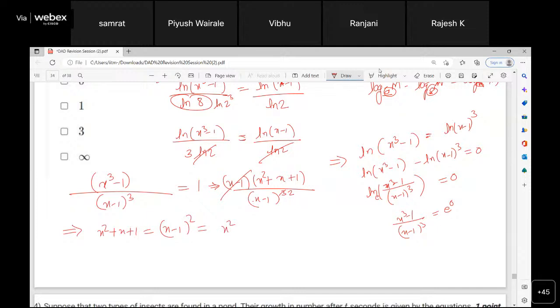I'm taking this expression on this side. So x square minus 2x plus 1. So x square and 1 get cancelled. 3x equals 0, right? Means x equals 0, right?